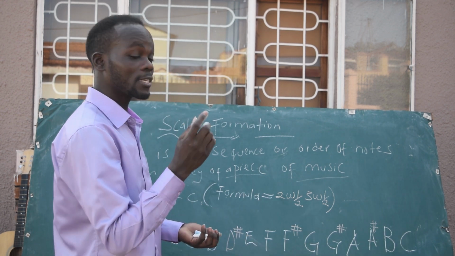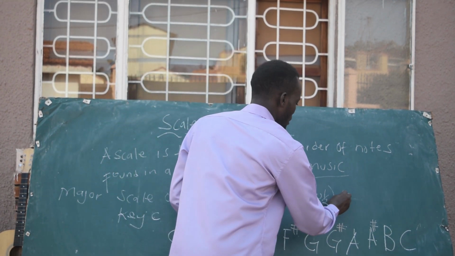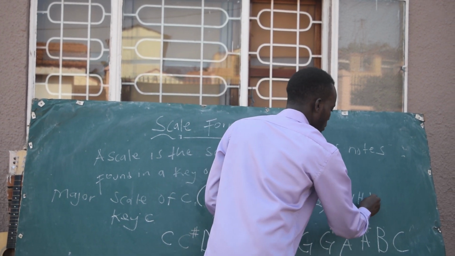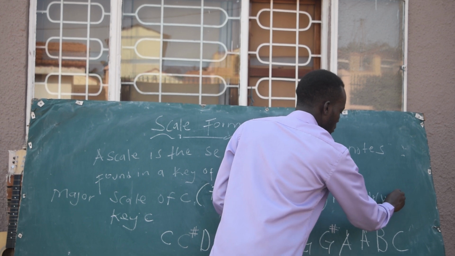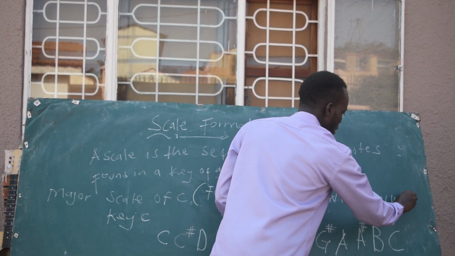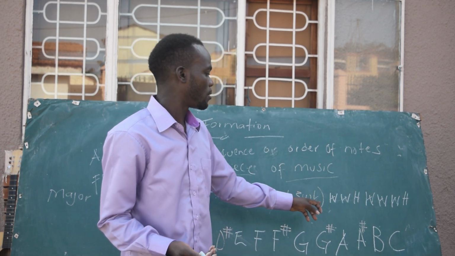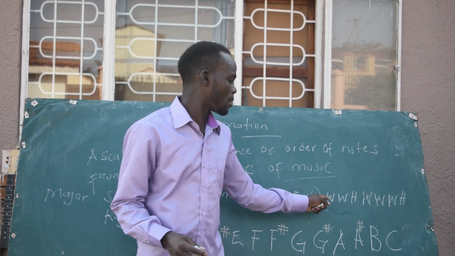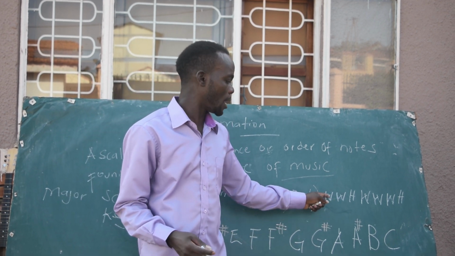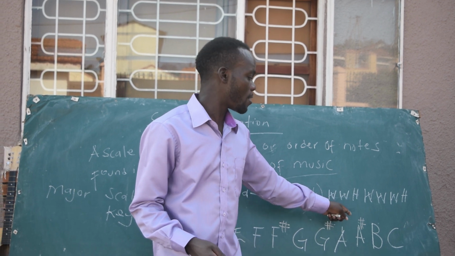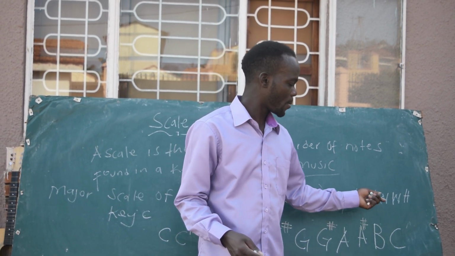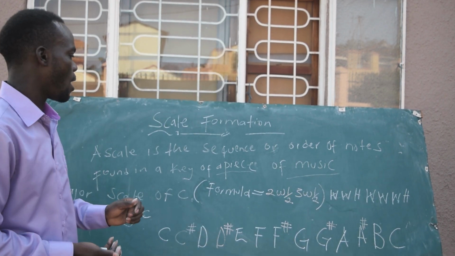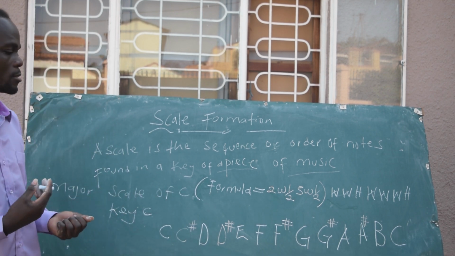Or as it has always been written: W, W, H, W, W, W, H. I believe some of you at least have an acquaintance with this, which means a whole, or a tone, a semitone or a half, a whole, a tone, and then a half or a semitone. So that is the formula of finding the major scale.